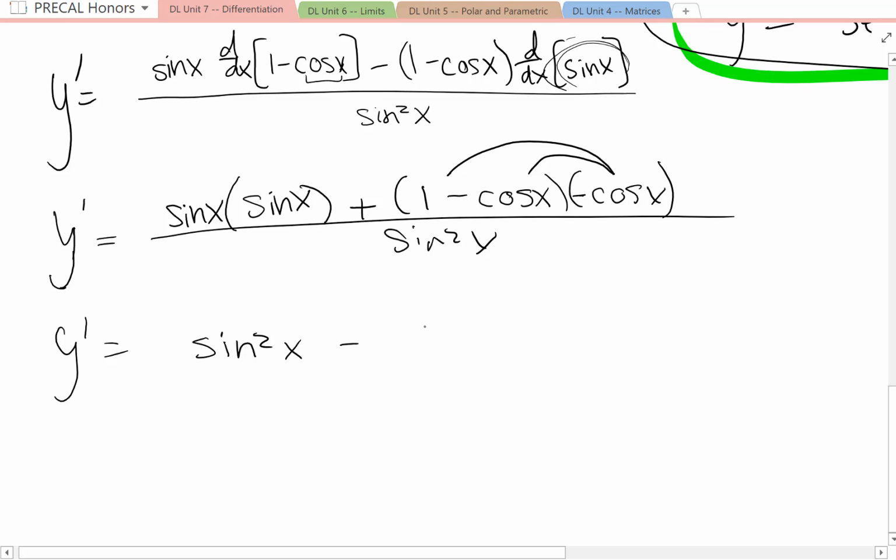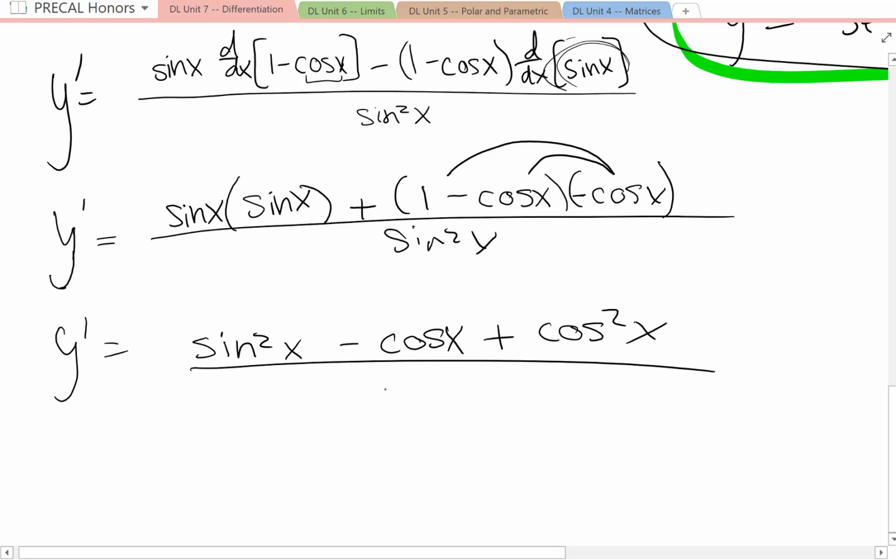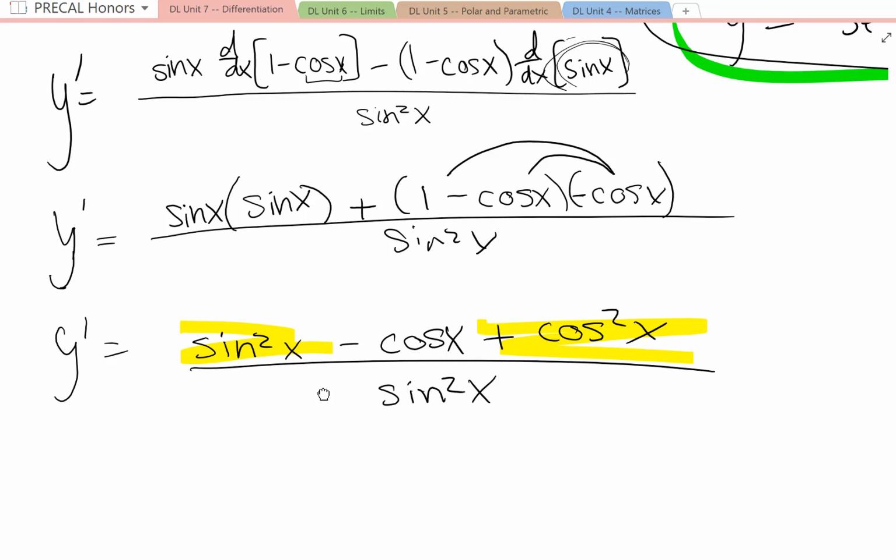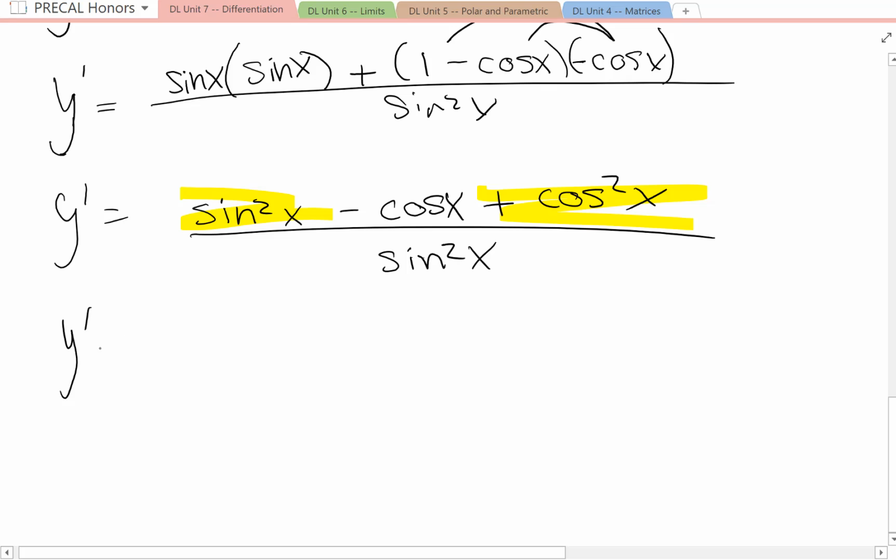So negative cosine x and positive cosine squared x over sine squared x. Sine squared x plus cosine squared x, that's just 1, Pythagorean identity, so 1 minus cosine x over sine squared x, that is my answer.